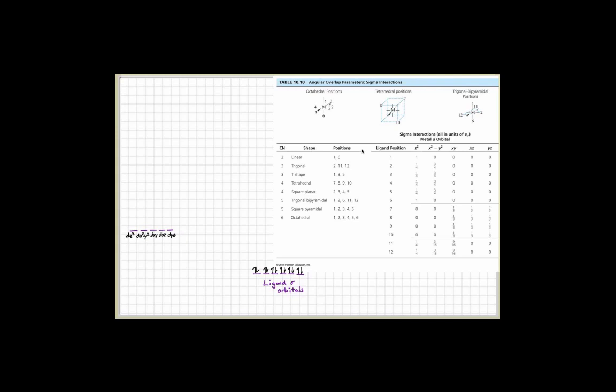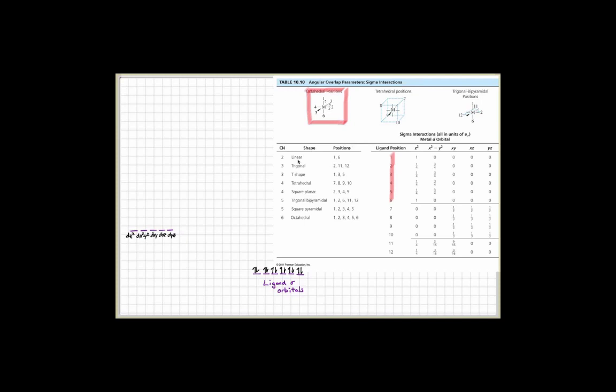using this table. So the table gives you the positions of the ligands for octahedral ligand positions 1 through 6. The diagram shows the positions around the metal, and then over here we see those ligands 1 through 6 on the left side of this table. We also have the ligand positions for any particular shape.